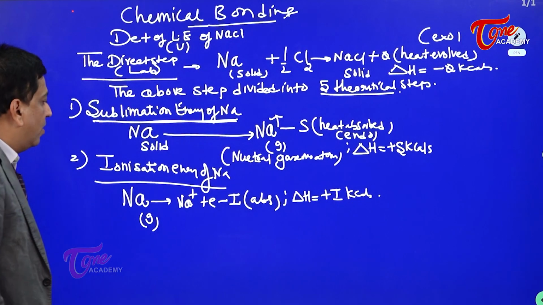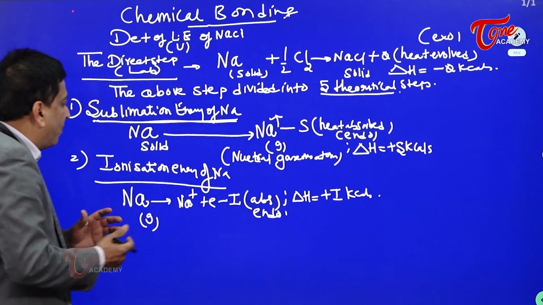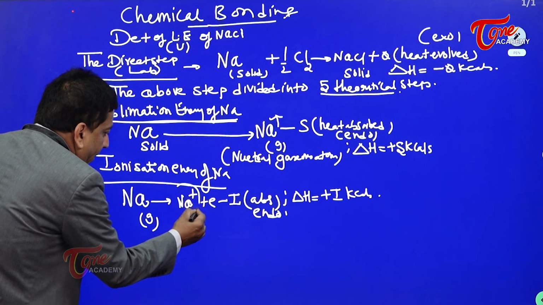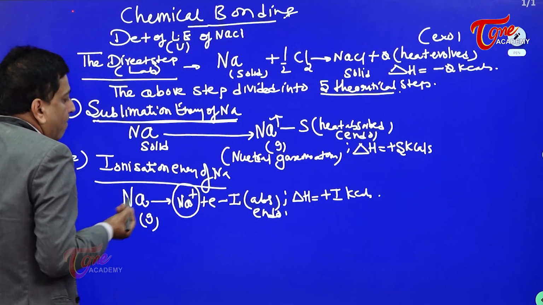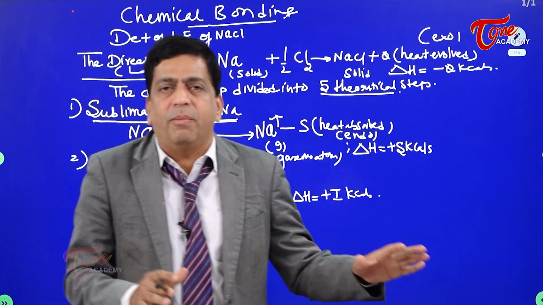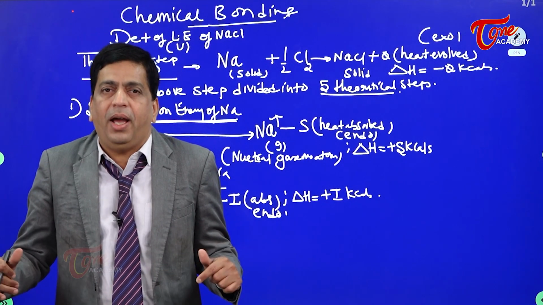You must understand that since it is an endothermic reaction, right? So now I have sodium ion ready. The sodium ion is prepared for you. And this sodium ion is now searching for what? Chloride ion, which we need to prepare.